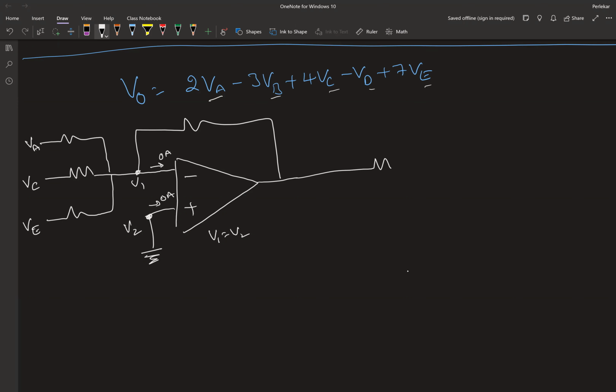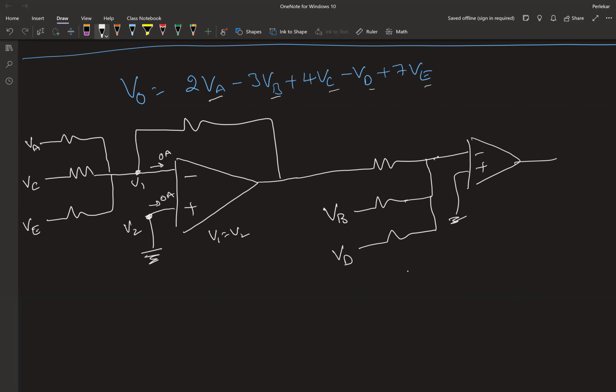So for the next one, I'm going to connect the 2 negative inputs, VB and VD. Okay, so here is my second one. Any questions so far?